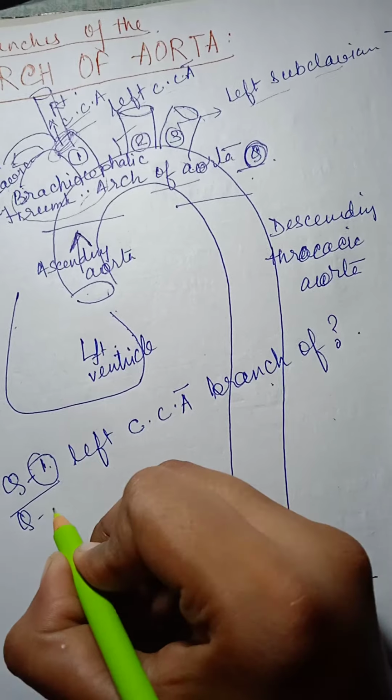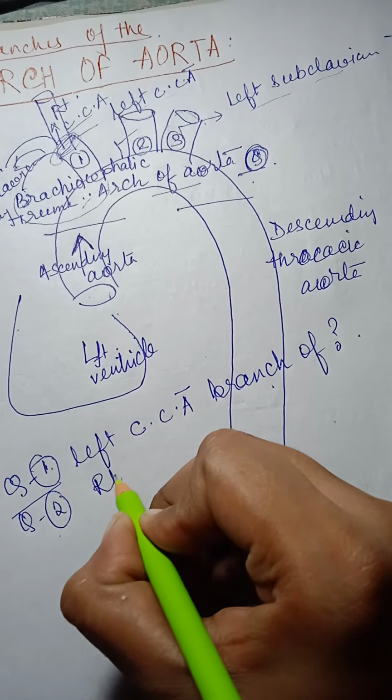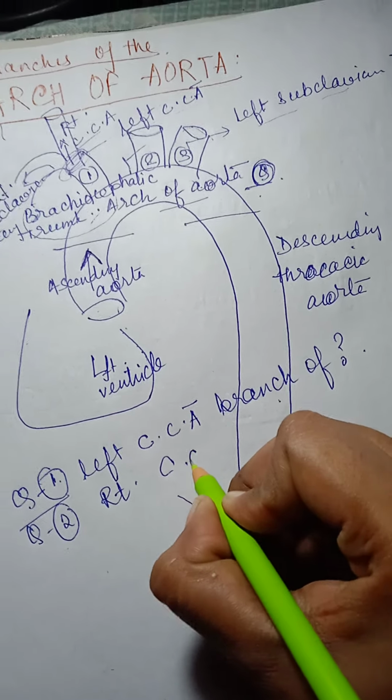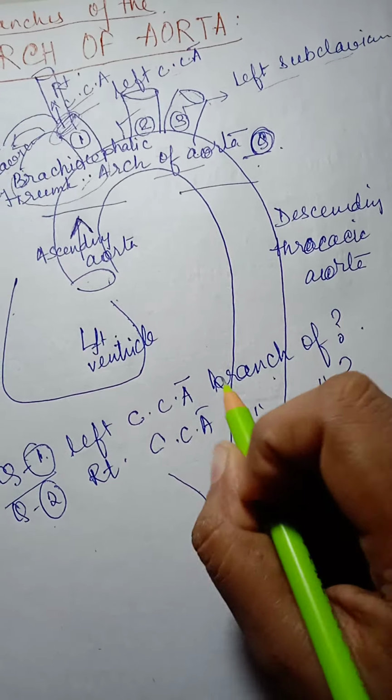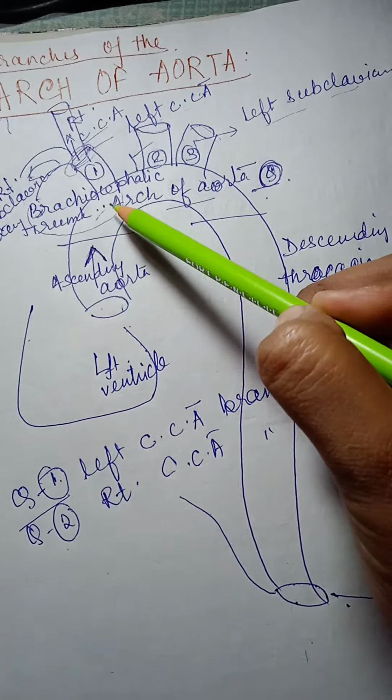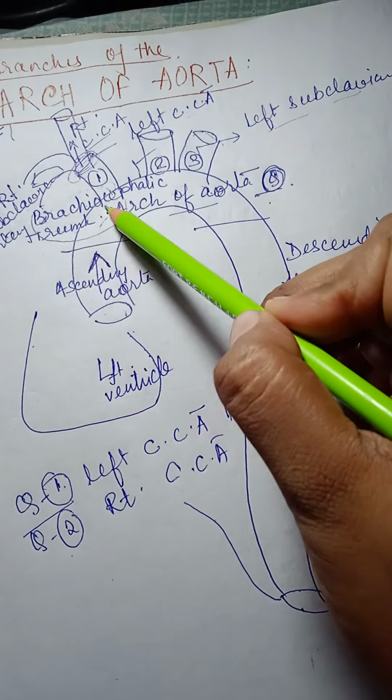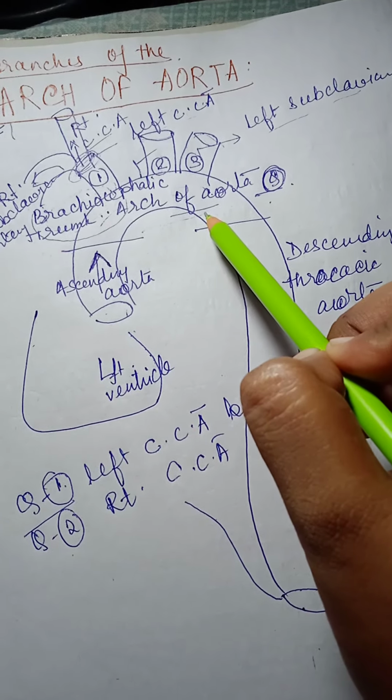Now the examiner will twist the question and ask you, right common carotid artery is a branch of dash. The right common carotid artery will be a branch of the brachiocephalic trunk, not the arch of aorta.